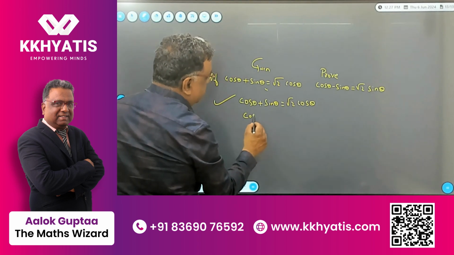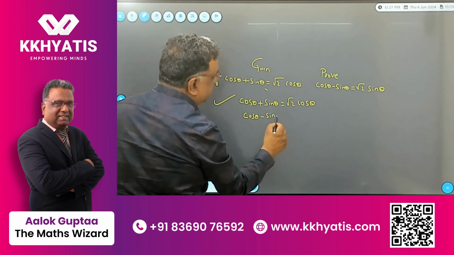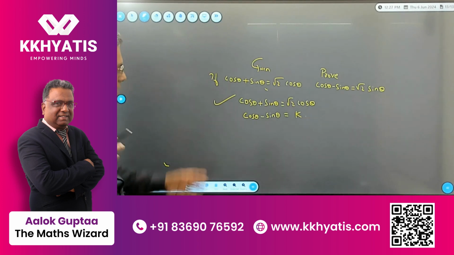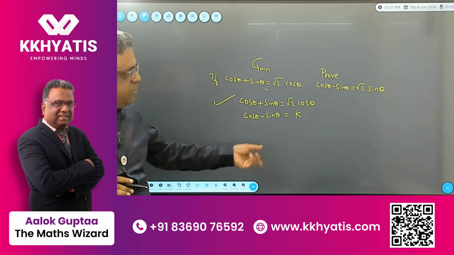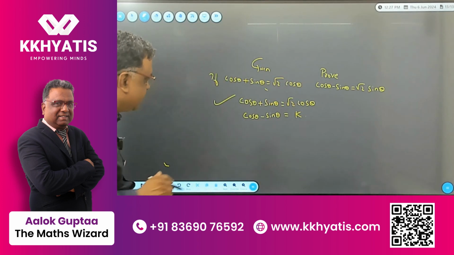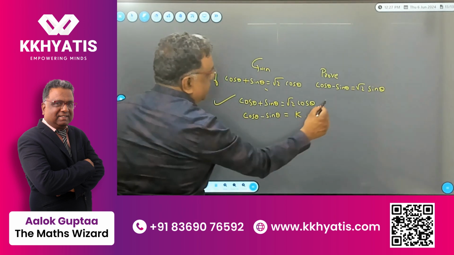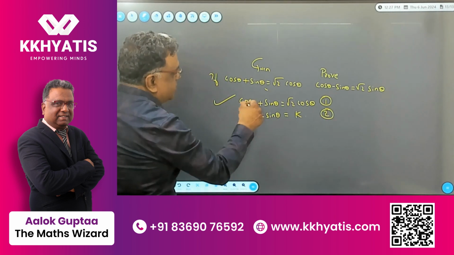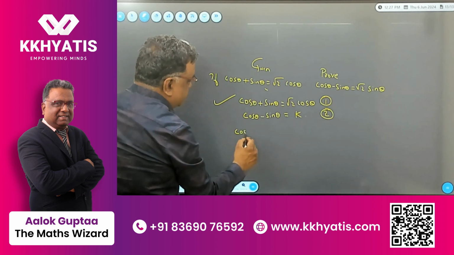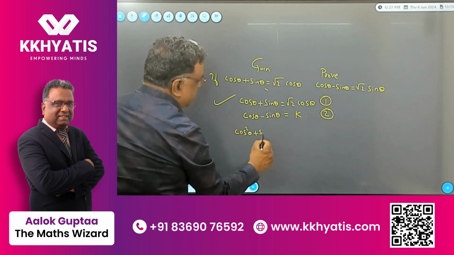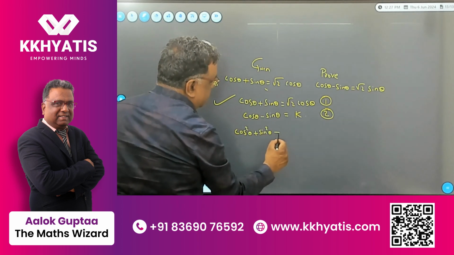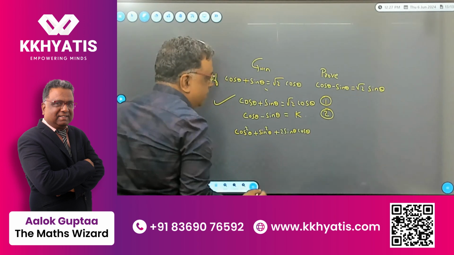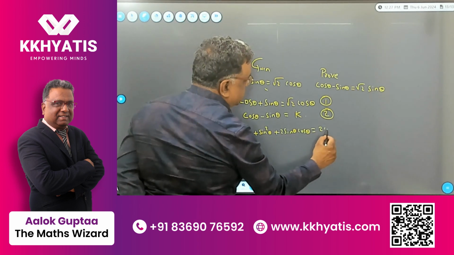So this is given to me, that I have to find. So I will say let cos theta minus sin theta be equals to k, and k is something which I have to find, and I have to prove that it is equals to root 2 sin theta. Okay, now this is my equation number 1 and this is my equation number 2. I will square both. If I square equation number 1, it will be cos square theta plus sin square theta plus 2 sin theta cos theta equals to 2 cos square theta.